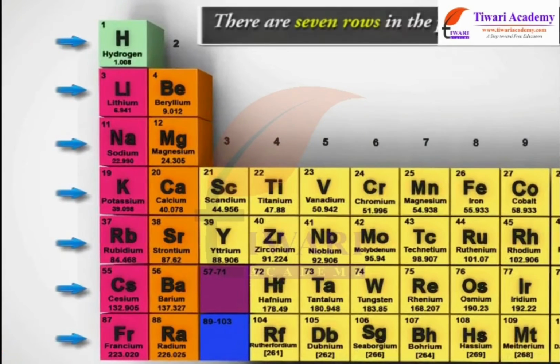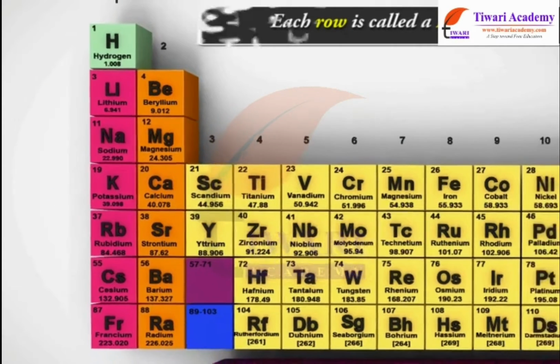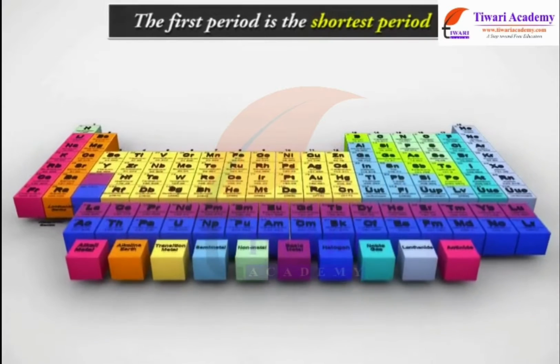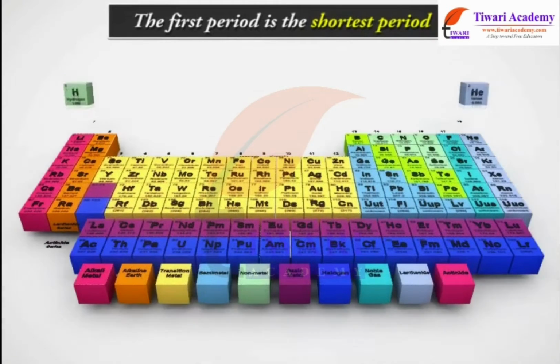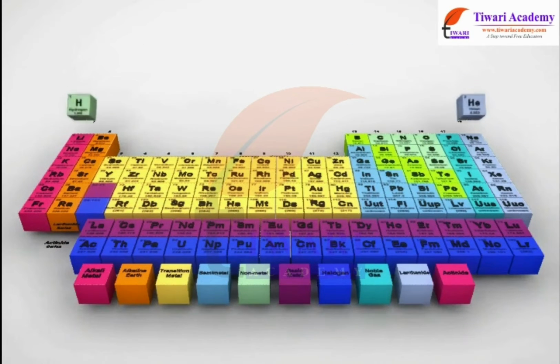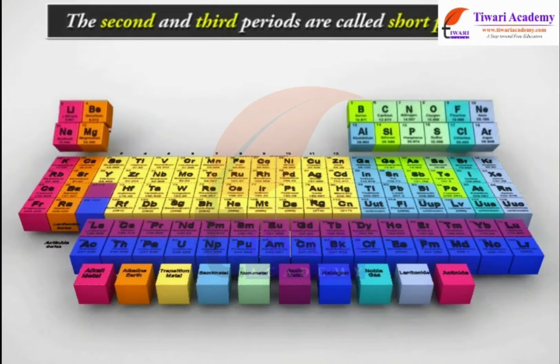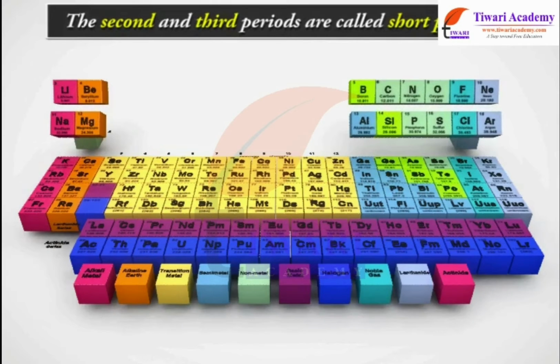There are 7 rows in the periodic table. Each row is called a period. The first period is the shortest period of all and contains only 2 elements, H and He. The second and third periods are called short periods and contain 8 elements each.